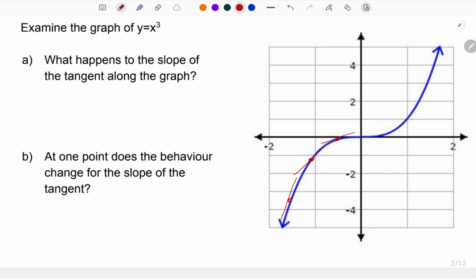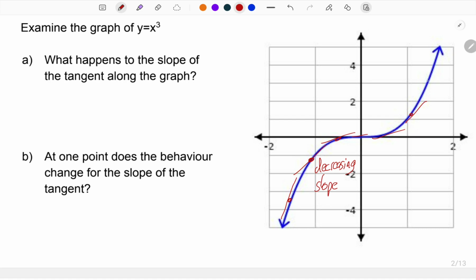The slope is decreasing. I'll just write decreasing slope in this first area. Whereas, okay, eventually it's decreasing, and then take a look at this right part of the graph.